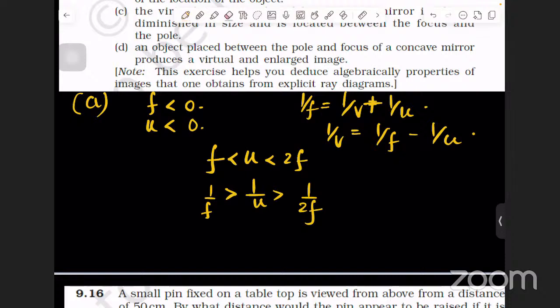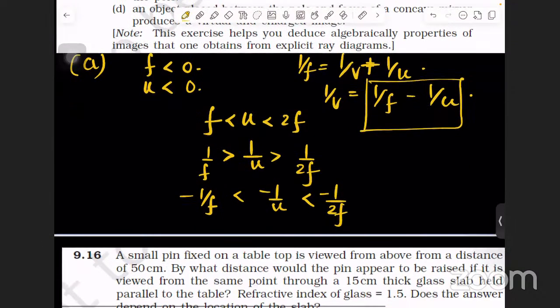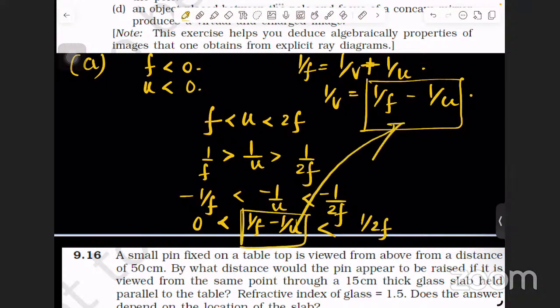First, we introduce a negative sign into each of these, because we need to find this expression. And now you add 1 upon f to all. We'll find this will be 0 less than 1 upon f minus 1 upon u less than 1 upon 2f. And this expression is 1 upon v. So 1 upon v less than 1 upon 2f.